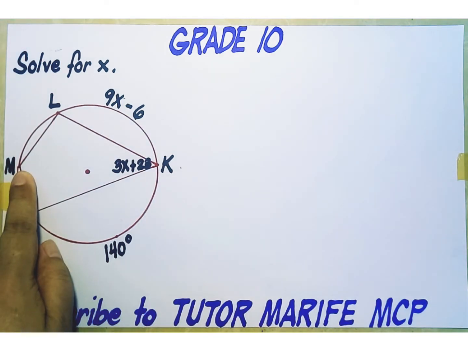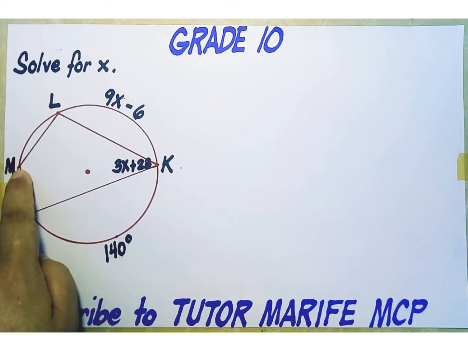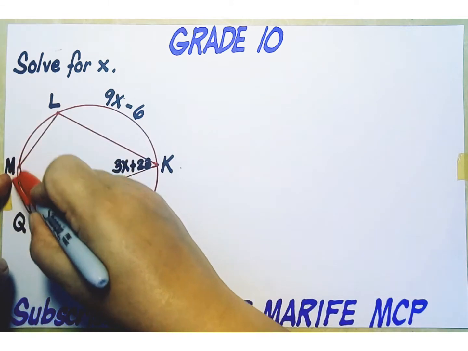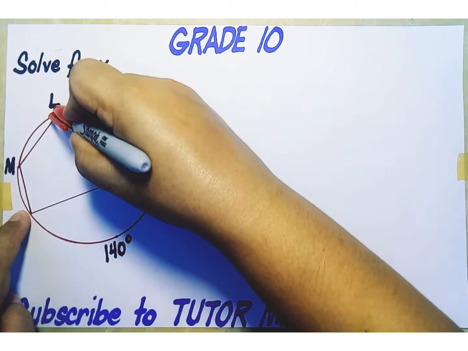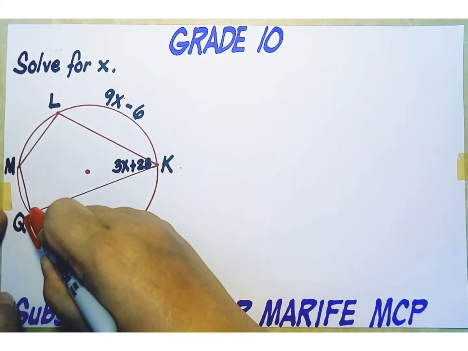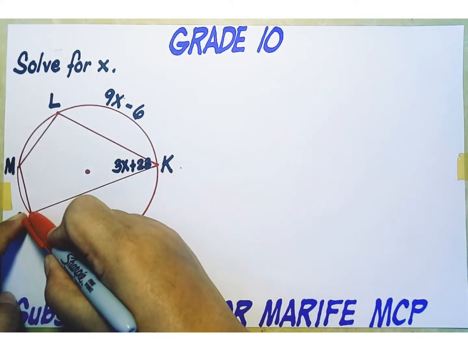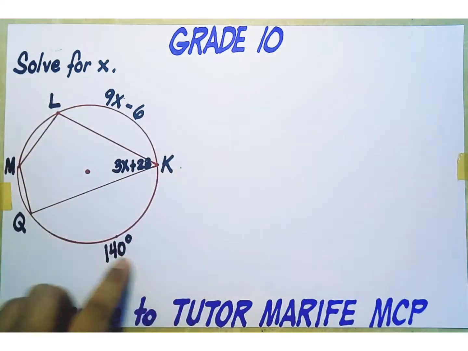Angle M. This is an inscribed angle. Its vertex is on the circumference of the circle. What is the intercepted arc of angle M? These are the sides of angle M. The section enclosed by its sides is arc LKQ. Therefore, this is the intercepted arc of angle M. And what's the relationship between the measure of angle M and the measure of arc LKQ?